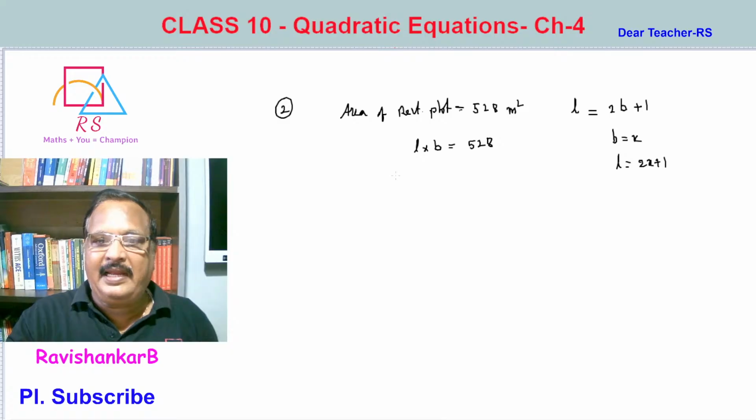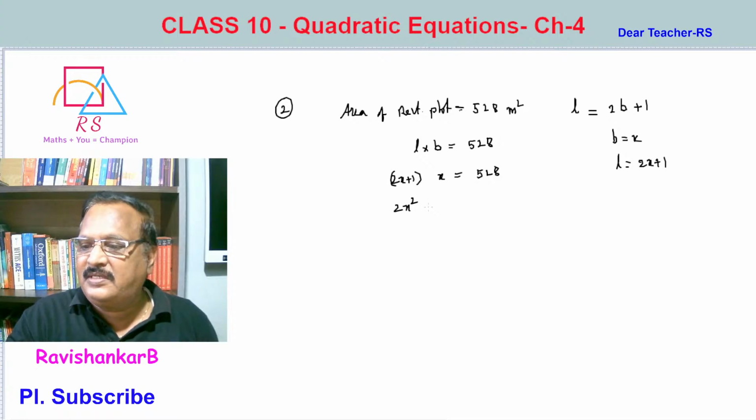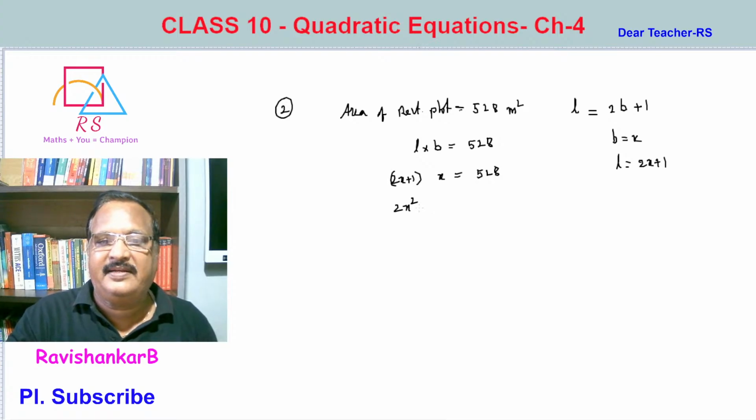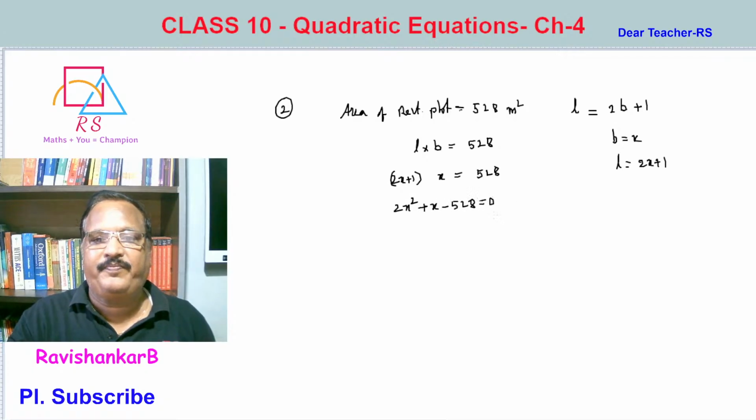Then L is 2x plus 1 and breadth is x, equal to 528. So then 2x square plus x, open the brackets, bring it in the standard form. That is why in the first question standard form problems are given. So 2x square plus x minus 528 is equal to 0. This is the quadratic equation.